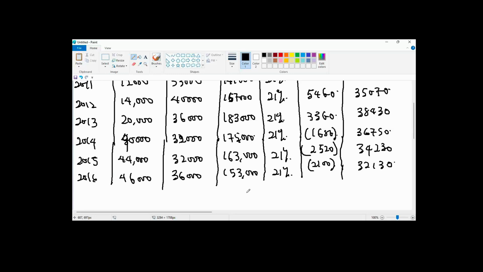I want to know how we got this 175 under 2014. 40,000 minus 32,000 is 8,000. Is it a charge or credit? It's a credit, because depreciation is greater. I will less it: 180,000 minus 8,000.